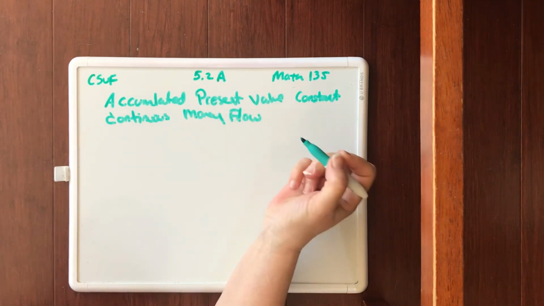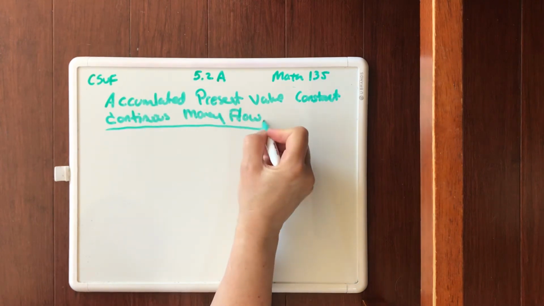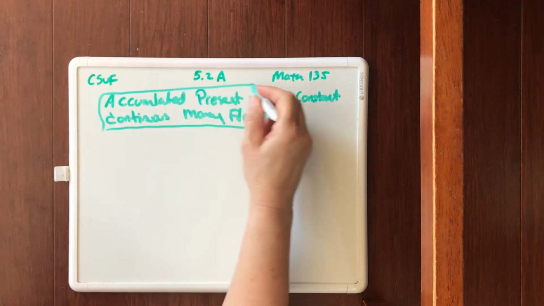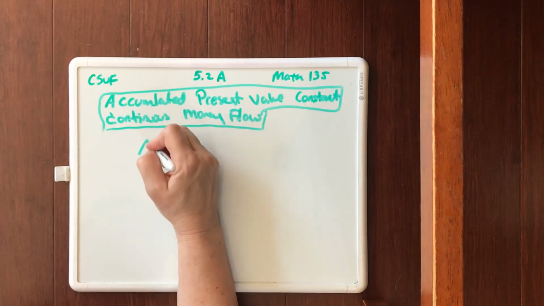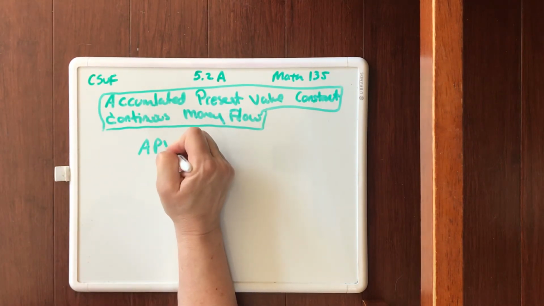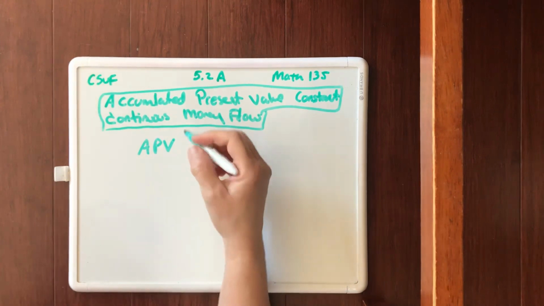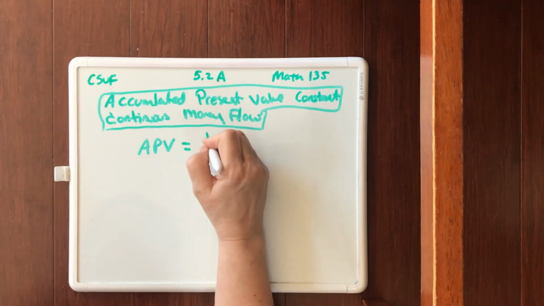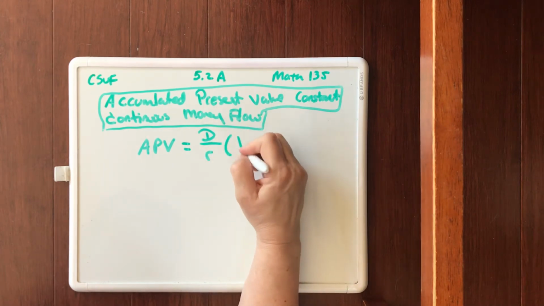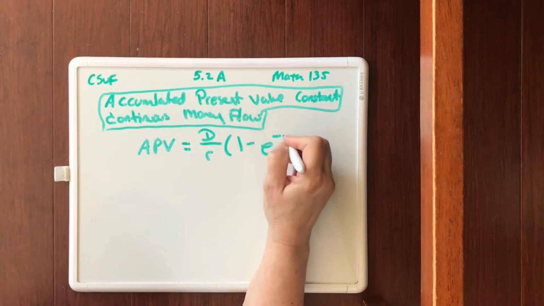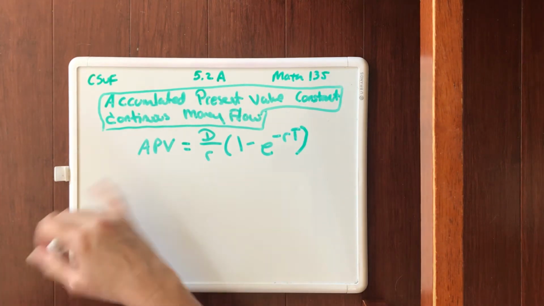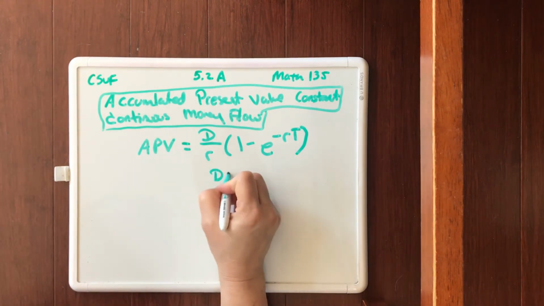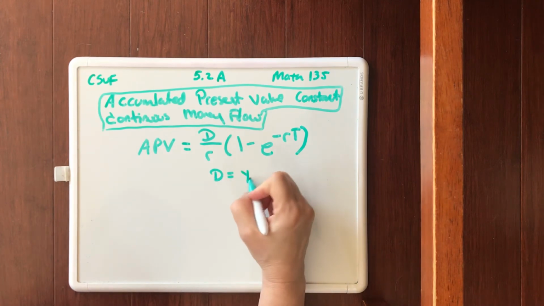And here it is. We call this APV, accumulated present value, equals D over r times 1 minus e to the negative rt. So this looks different than what we've been used to. Now what D stands for? D equals the yearly payment.